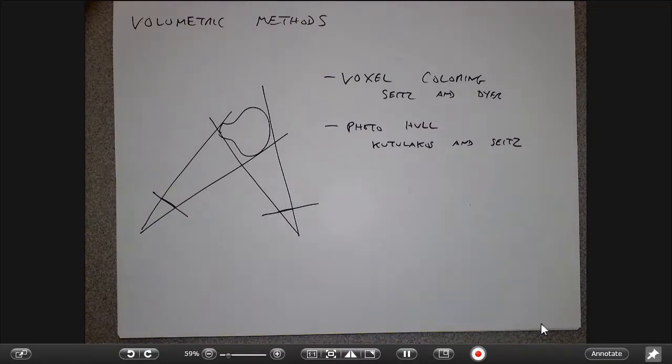So yeah, one of the nice things about these volumetric approaches is that, unlike the methods we're going to talk about next, they don't necessarily depend on any initial understanding about correspondences between the images, right? They just look at where the cameras are, and start to push this plane of voxels through space and chew away 3D space until you've got a colored set of voxels that's consistent with these images, right?